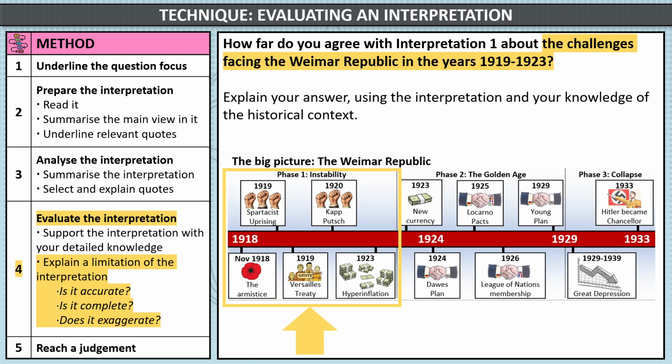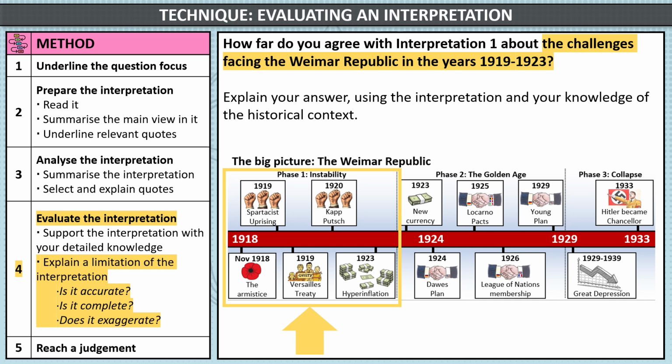So I need to ask myself, is this interpretation correct about hyperinflation being the biggest challenge facing the Weimar Republic? Well, I think the interpretation might be exaggerating a bit. I know that hyperinflation was a crisis, but I also know that it had some positive effects on the government as well.